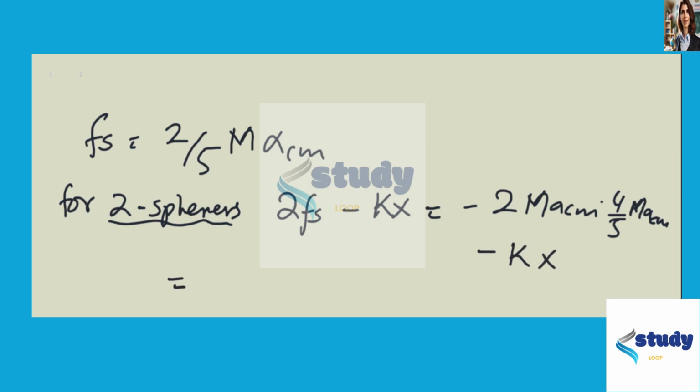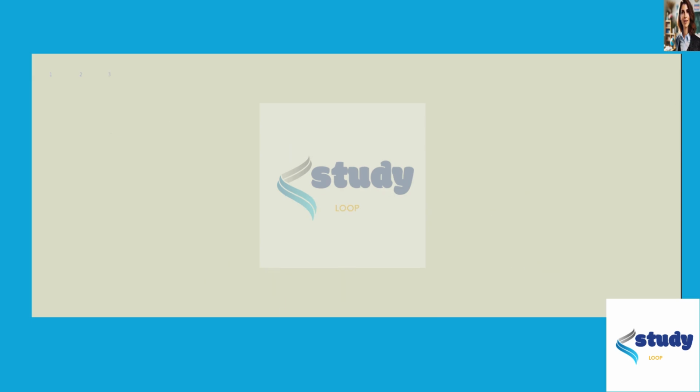From here, we can write minus 2 m a center of mass times kx is equal to 14/5 m times the center of mass acceleration.